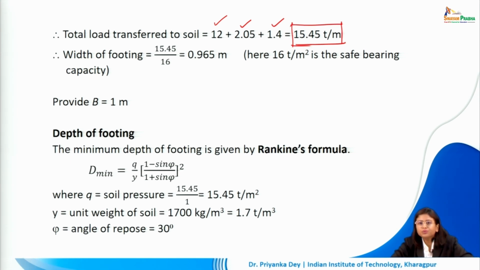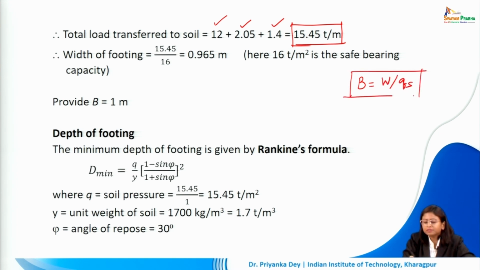So before we go to the depth of the foundation, the width of the foundation, that is capital B, is equal to W by QS. Very quick formula. Let's apply that first here. So the width of the footing will depend upon the total weight coming in.